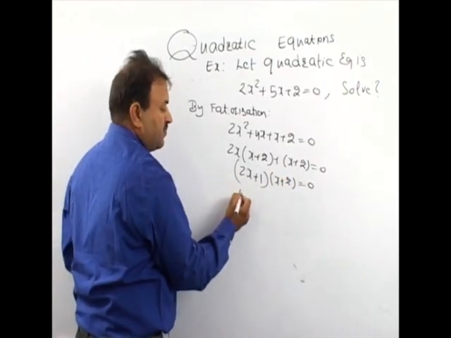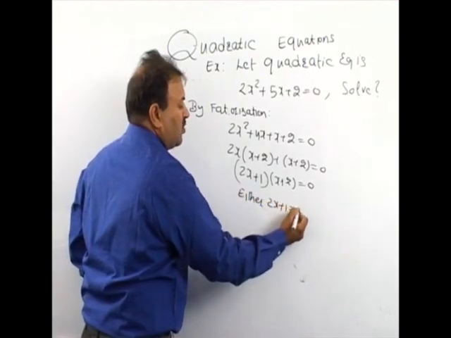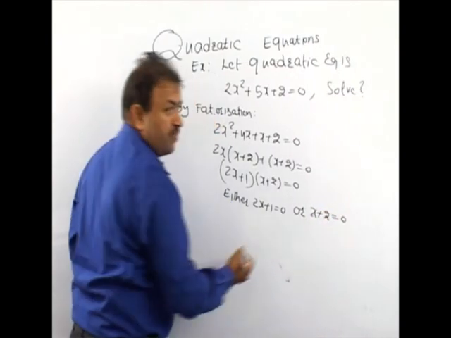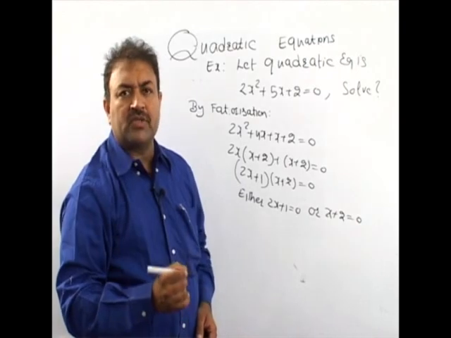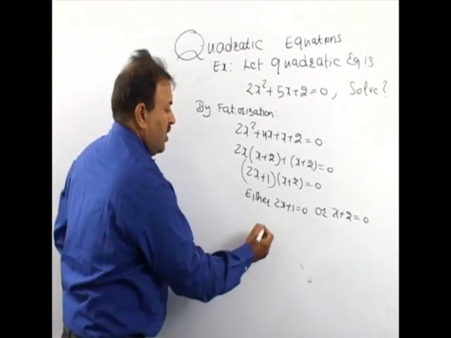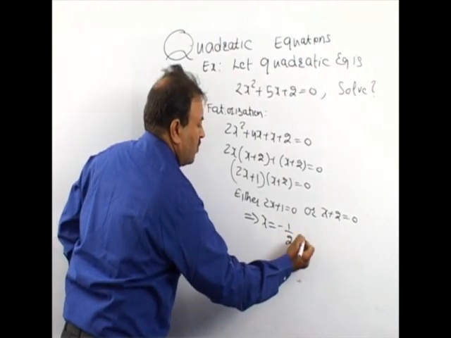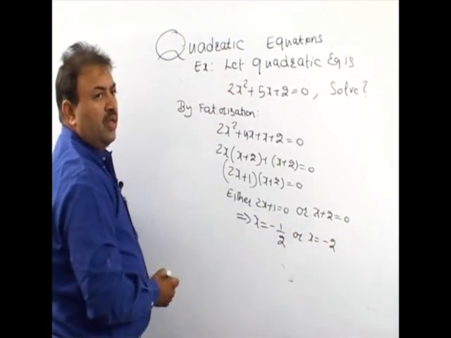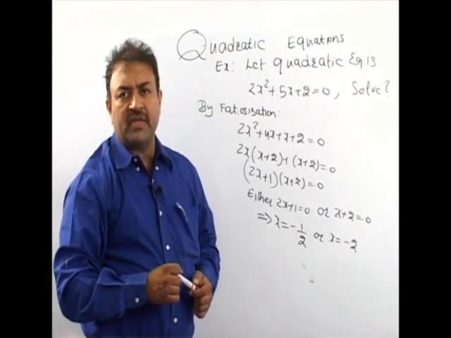Either 2x plus 1 is equal to 0 or x plus 2 is equal to 0. Here we get the value of x is minus 1 by 2 or x is equal to minus 2. This is the first way of solving the quadratic equation.